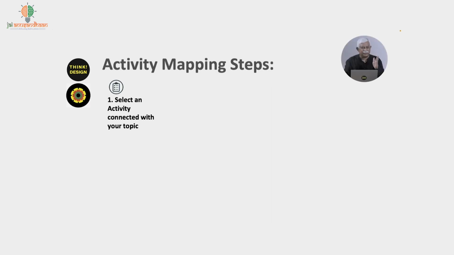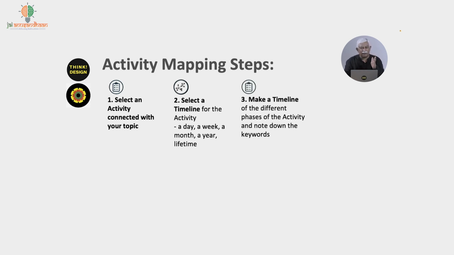So the steps are, you start with an activity connected with your topic. You need to select a timeline, whether it's within a day, or a week, or a month, or a year. You need to make a timeline of the different phases of the activity, note them as keywords, and organize this according to a given space.